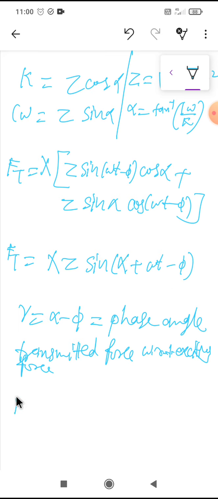So we will just put gamma instead of alpha minus phi. So our transmitted force f of t will be xz sine omega t plus gamma. You can write omega t plus gamma.